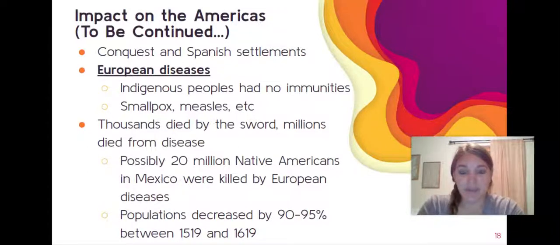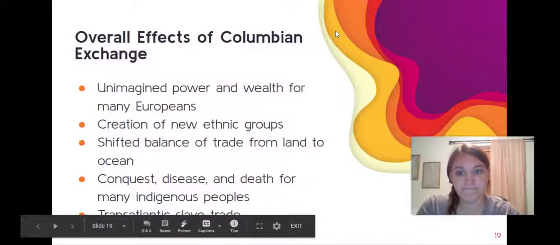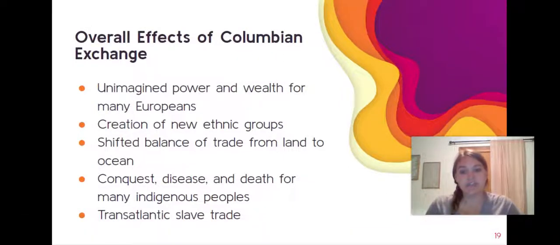So we have a huge loss of life due to these European diseases, and that's going to be the primary reason why the Spanish will be able to conquer the region so efficiently. Again, we will talk more about this in the next lesson. So overall, the effects of the Columbian Exchange, Europeans will gain power and wealth unimagined, never seen before.